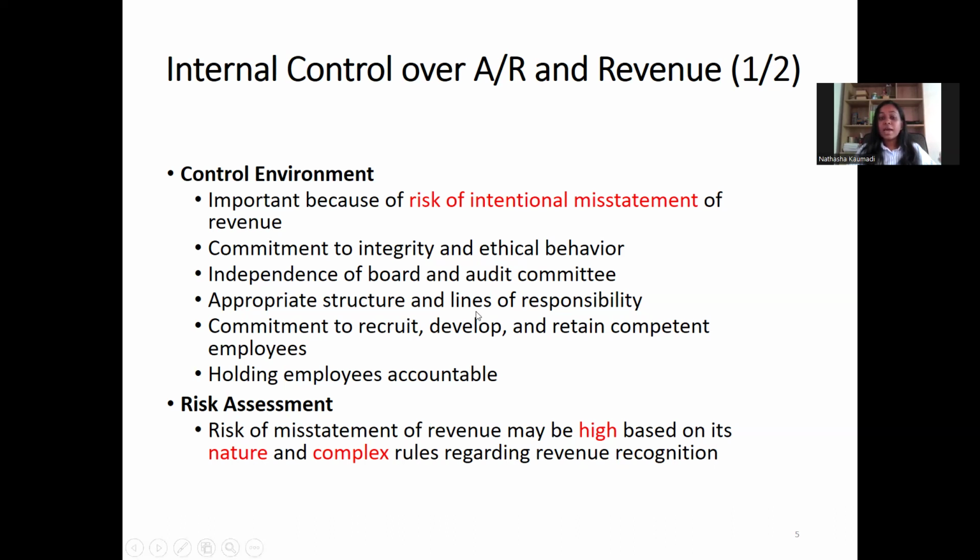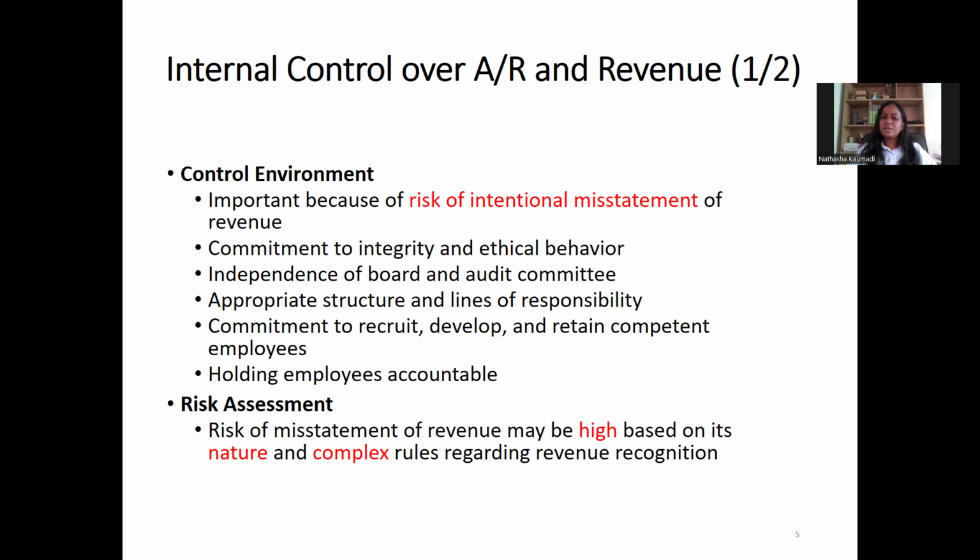Appropriate structure and lines of responsibility: whether there are specific given lines of responsibility, whether there is a good scope for them. Those are the control environment things. Commitment to recruit, develop, and retain competent employees. If they are recruiting competent, skilled people, that means they want to get the work done properly. That's why they are recruiting good people.